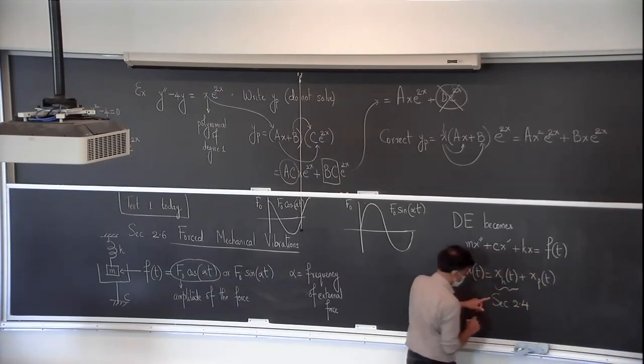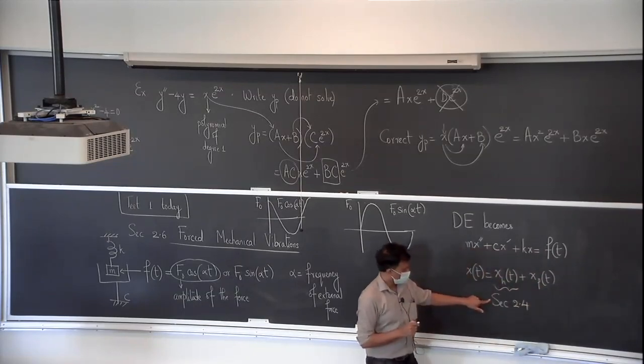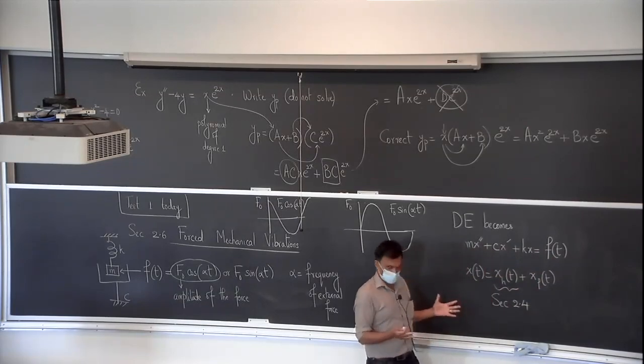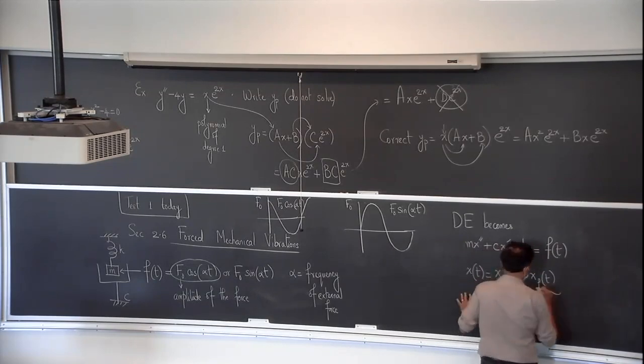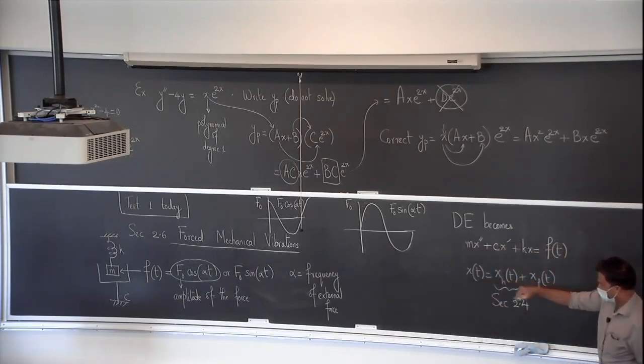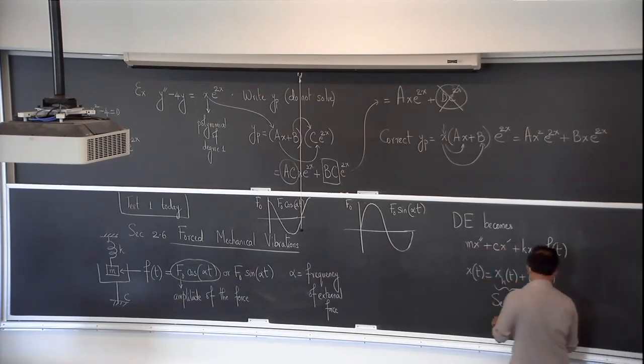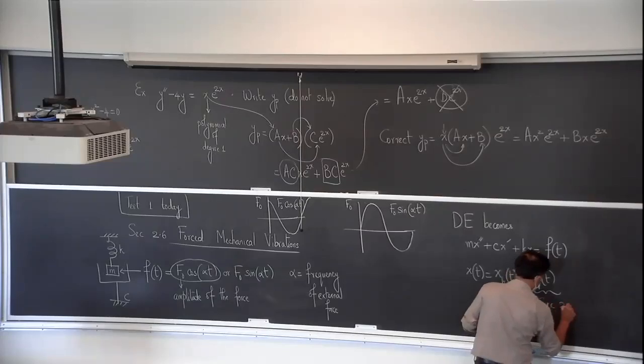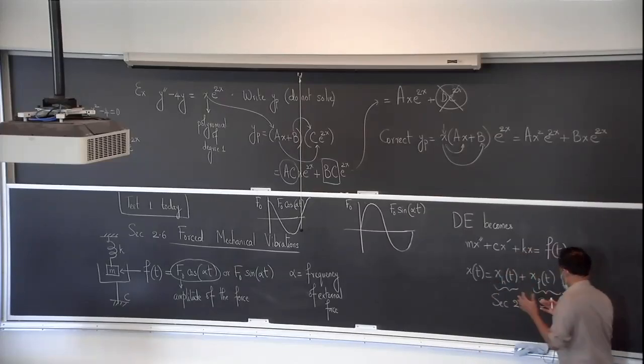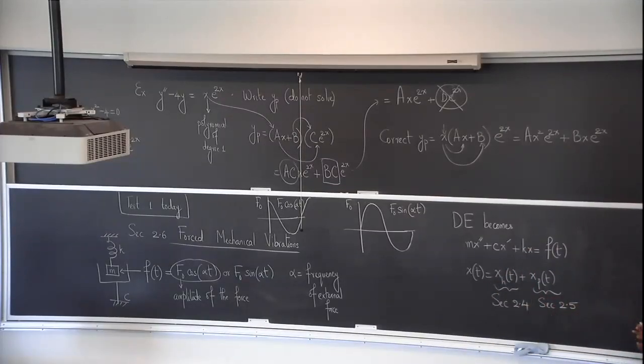There were 3 cases there: underdamped, overdamped, and critically damped. So all 3 cases are still possible here, and xp will be solved using what we were doing yesterday, section 2.5. So section 2.5 is the main section. If you know that, you know the entire chapter 2.